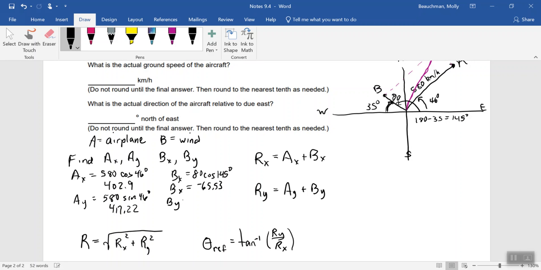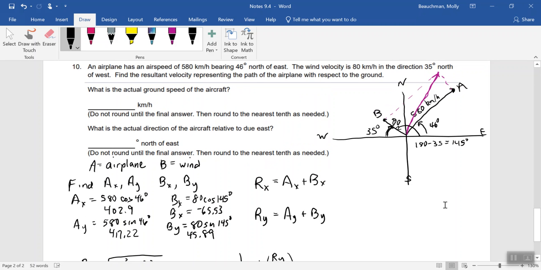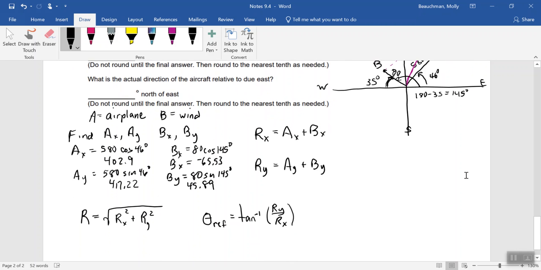Then the y component of vector B is 80 times the sine of 145 degrees. And that would be 45.89. So now that I've found the components, the x and y coordinates for vector A and vector B, I add those together to get the components of the vector I'm looking for.